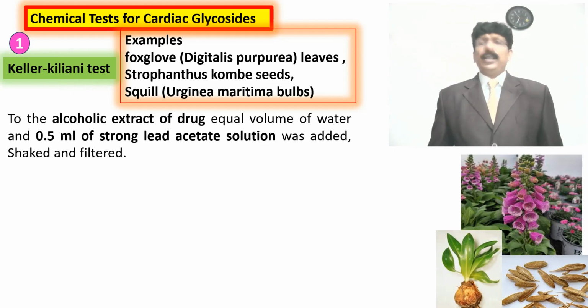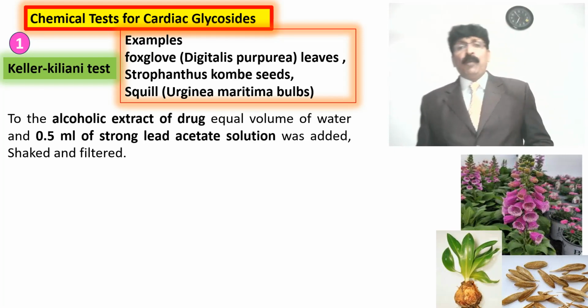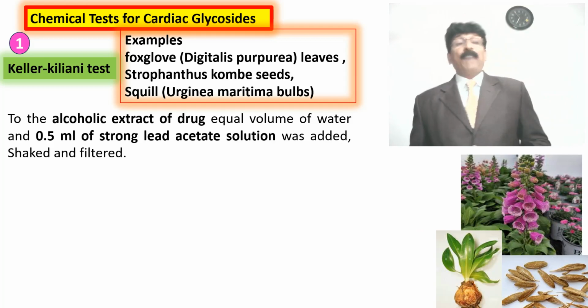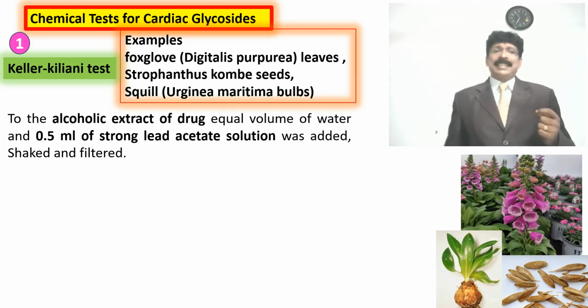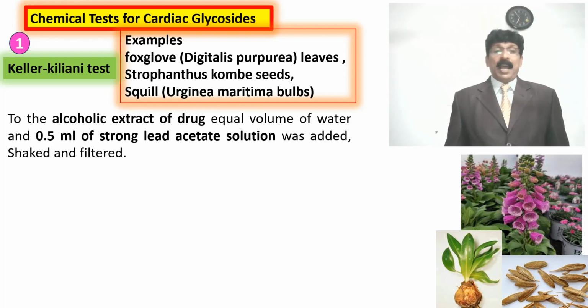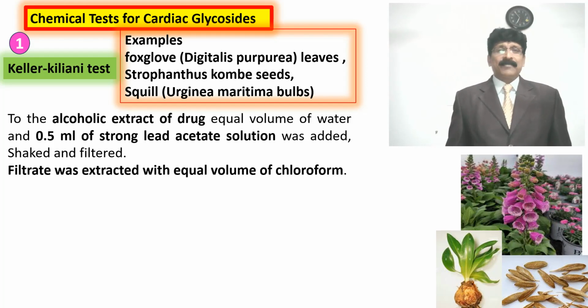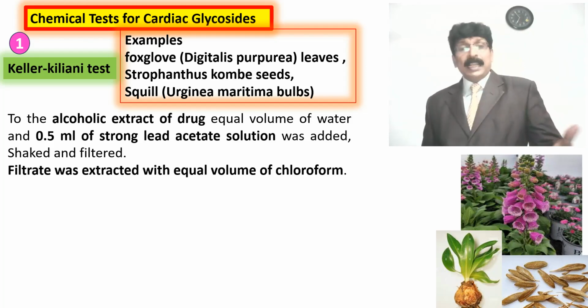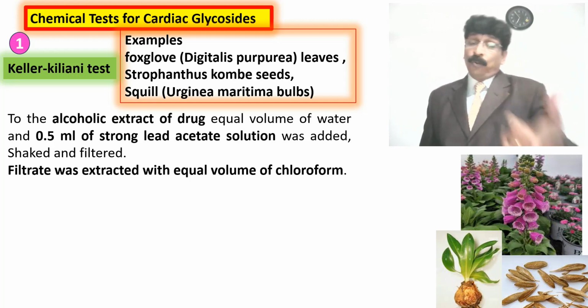To the alcoholic extract of the drug, add an equal volume of water and 0.5 ml of strong lead acetate solution. Shake and filter. The filtrate is extracted with an equal volume of chloroform.